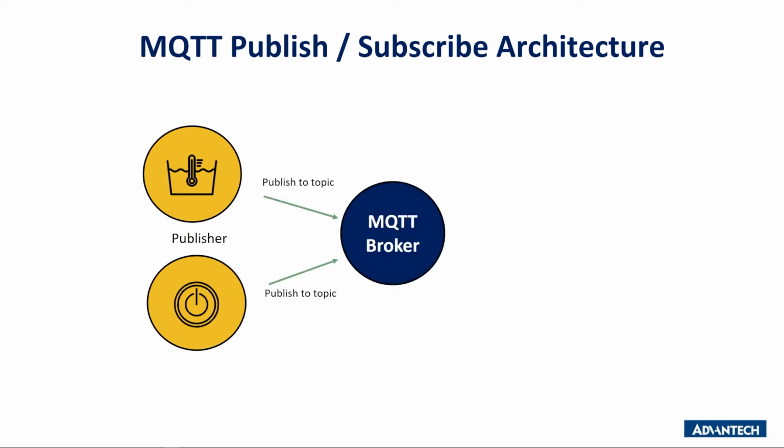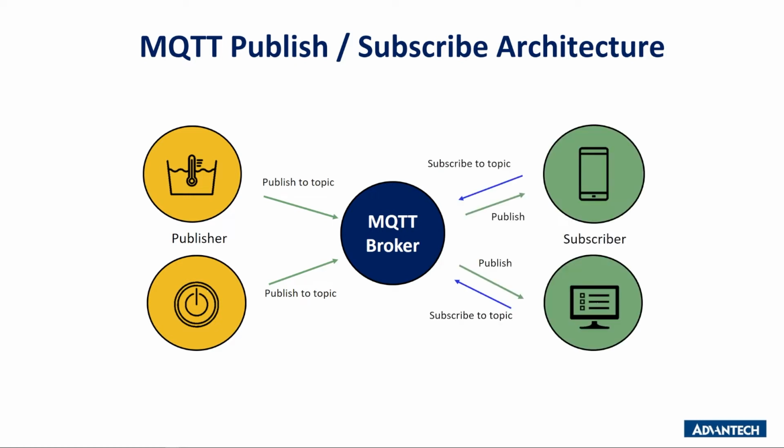An MQTT broker acts as an intermediary between publisher and subscriber. It receives messages published by the publisher, filters the messages, and sends them to the subscribers, such as laptops and computers. The MQTT protocol can decide to forward messages to certain subscribers by the topic of the message.